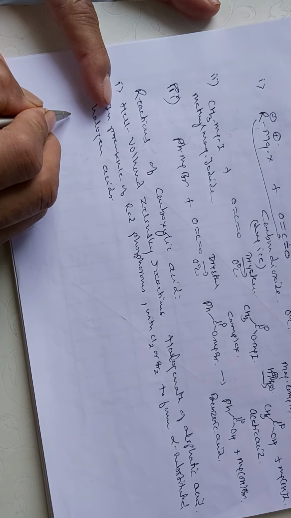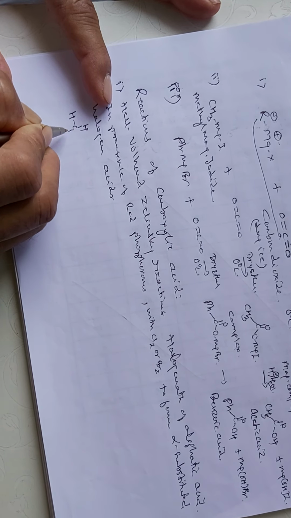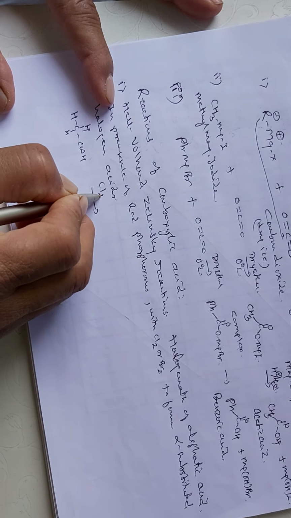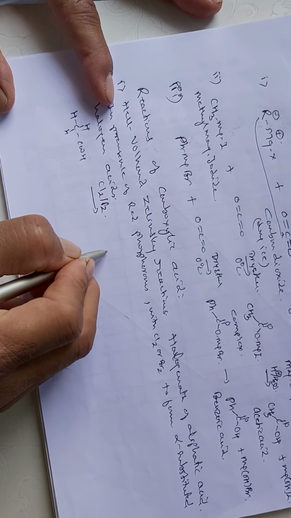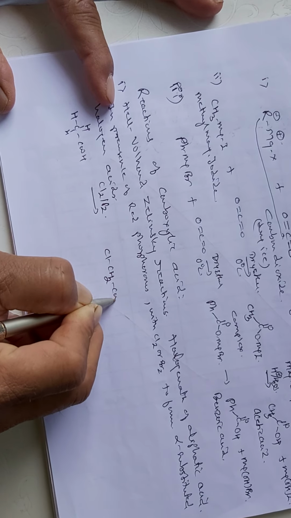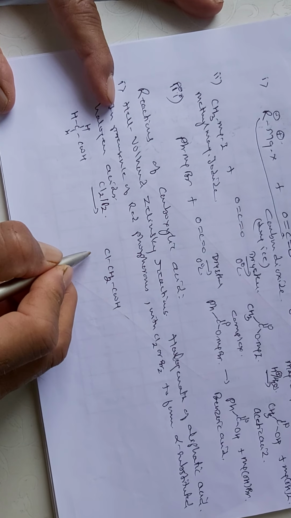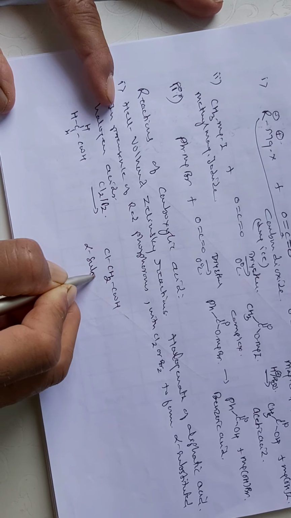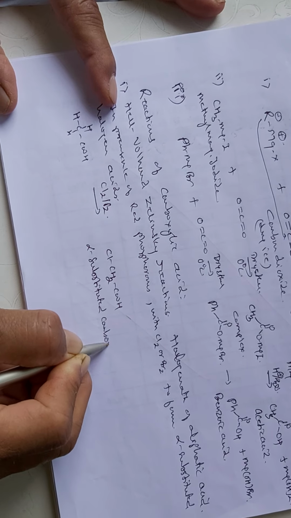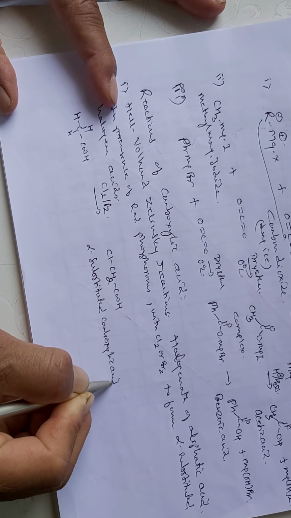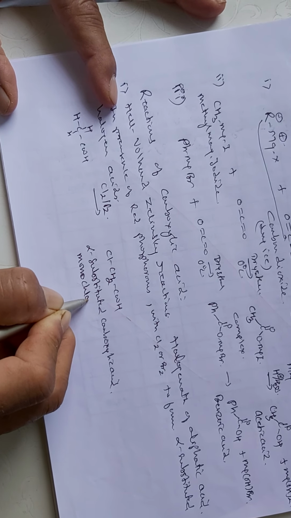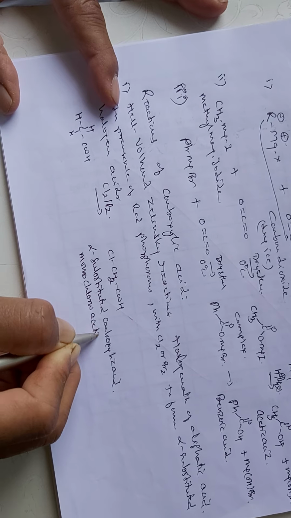So here CH3COOH on reaction with chlorine in presence of red phosphorus gives you the formation of ClCH2COOH. This is your alpha substituted carboxylic acid, or you can say monochloroacetic acid.